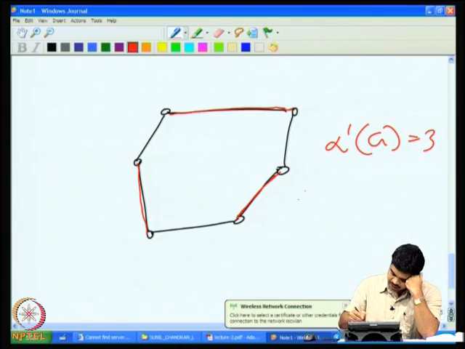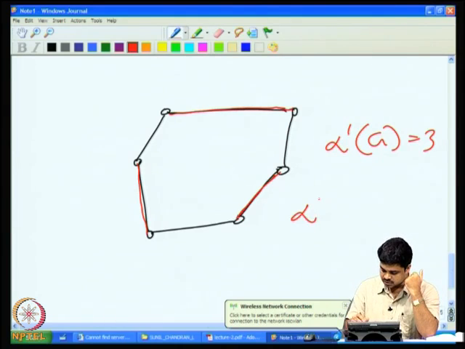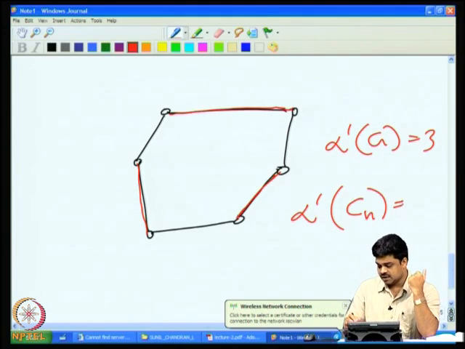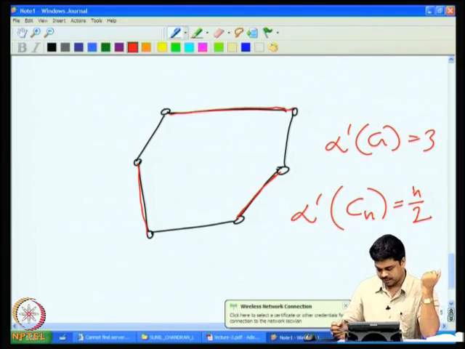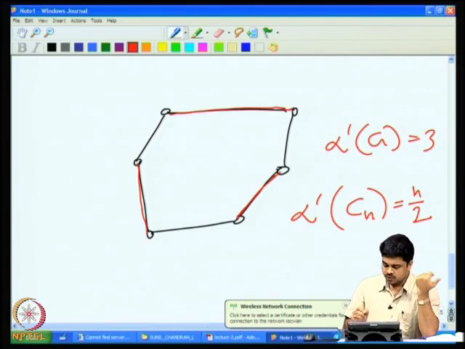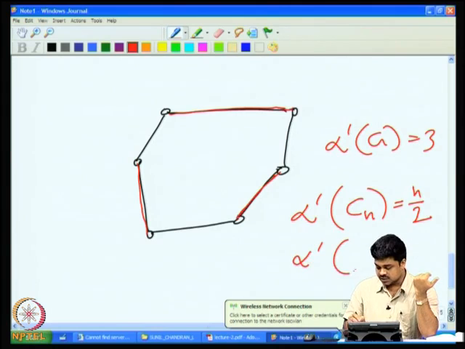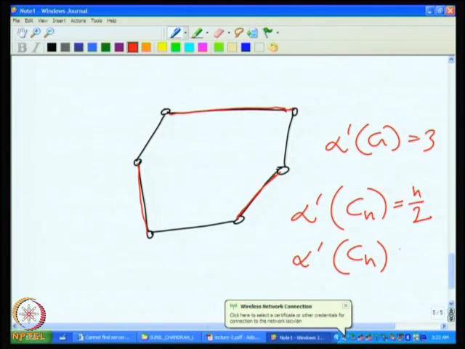For instance, if we had n vertices in the cycle, suppose I was considering the alpha dash of Cn, then it will be n by 2, as you can easily see, if n is an even number. If n is an odd number, it is not very difficult to see that this will be n by 2 floor. For instance, I can take a small example here.